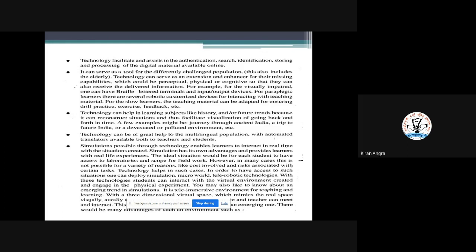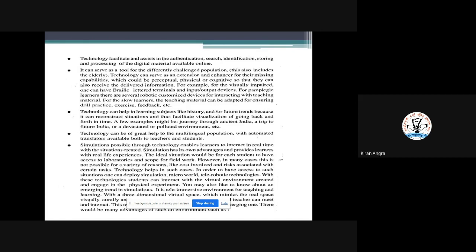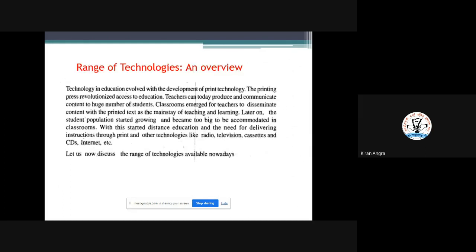So in many of our science subjects, virtual labs, virtual space, virtual minds are created, and both the teacher and learner meet and they learn through this technology.